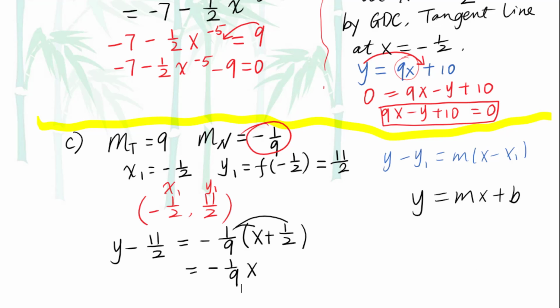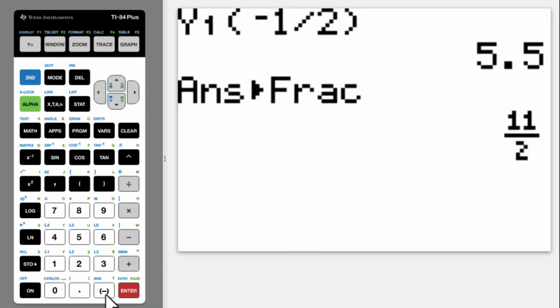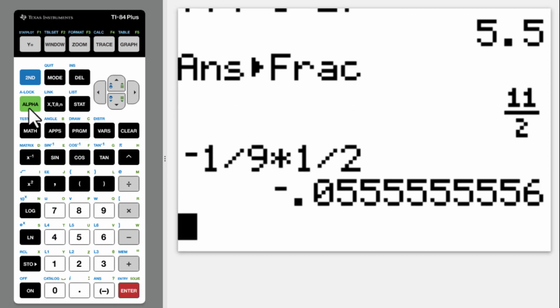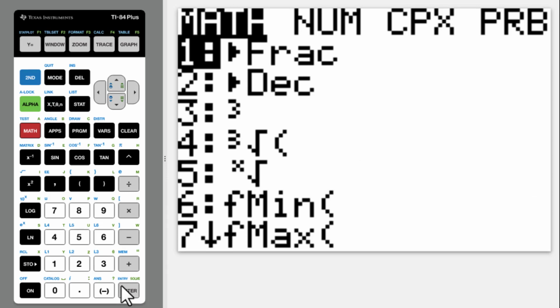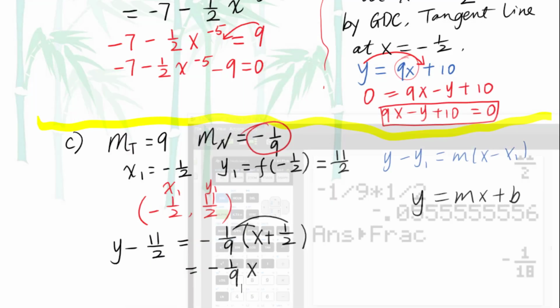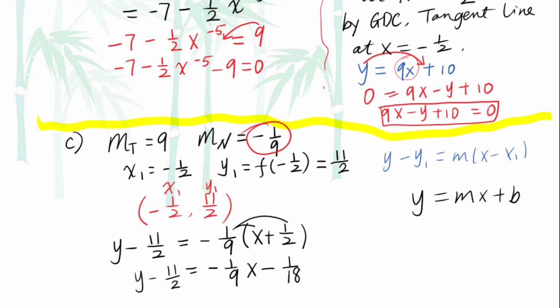Let's go to calculator. -1 divided by 9 times 1 divided by 2. Enter. Math, enter. -1/18. Then we need to isolate y on the left side. Cross the river, change sign, plus 11/2.